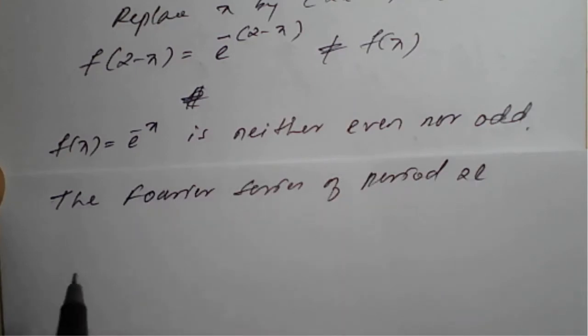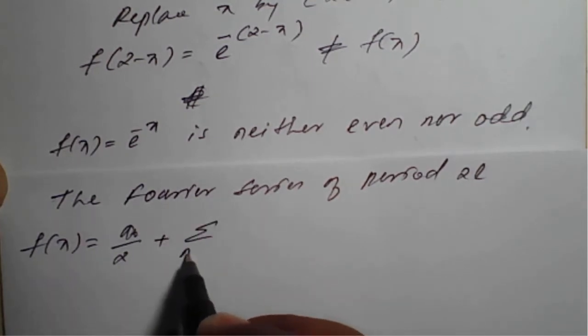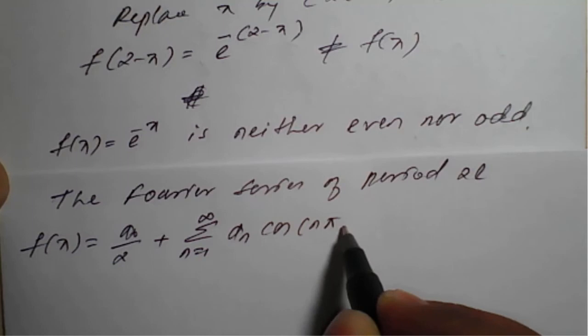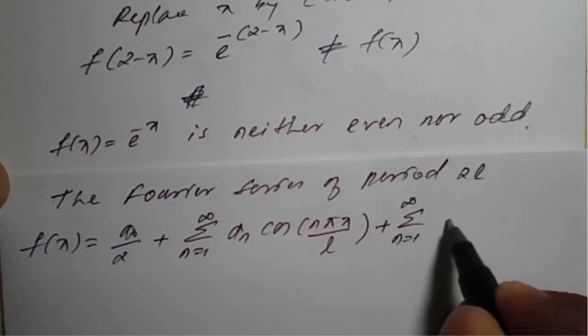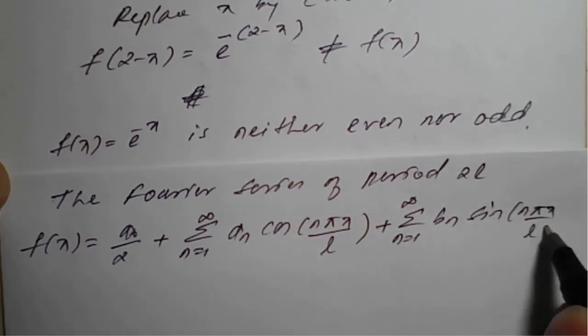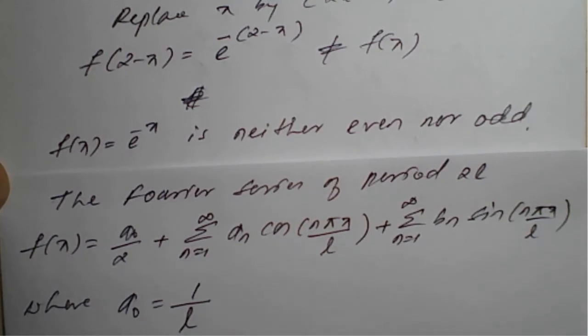It is neither even nor odd, so the general Fourier series is f(x) = a0/2 + summation n from 1 to infinity of an cos(nπx/L) + summation n from 1 to infinity of bn sin(nπx/L), where a0 is (1/L) integration from 0 to 2L of f(x) dx.